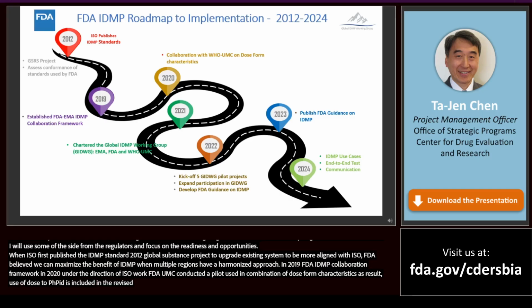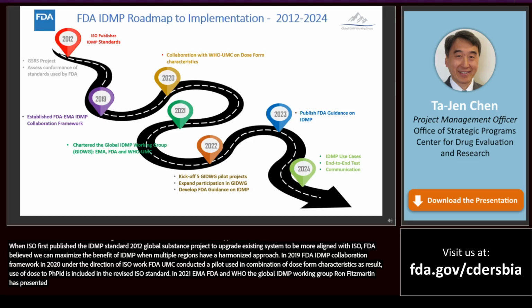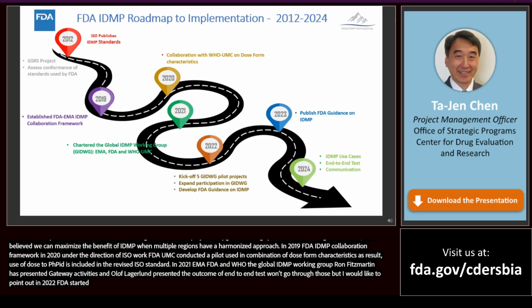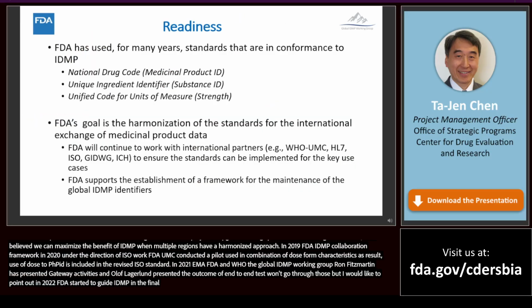And then in 2021, EMA, FDA, and WHO UMC chartered the Global IDMP Working Group. Ron has presented the GIDWG activities, and Olof has presented the outcome of end-to-end tests. So I won't go through those here, but I'd like to point out that in 2022, FDA started to draft a guidance on IDMP and published the final guidance in spring 2023.